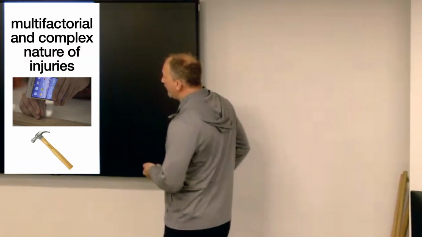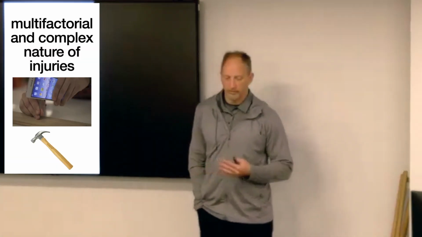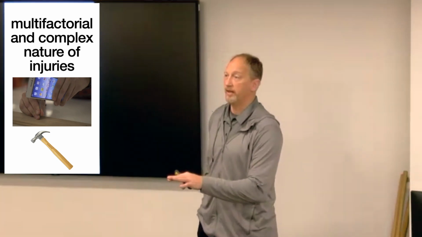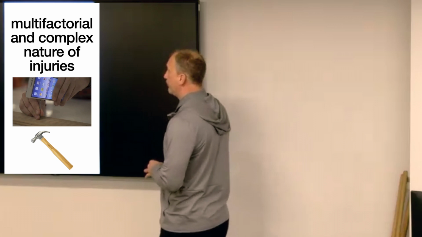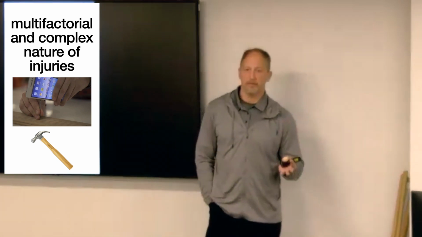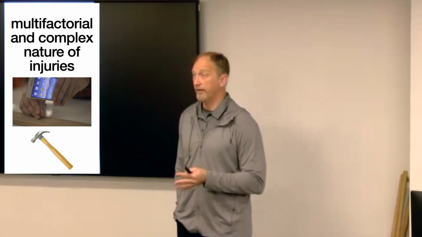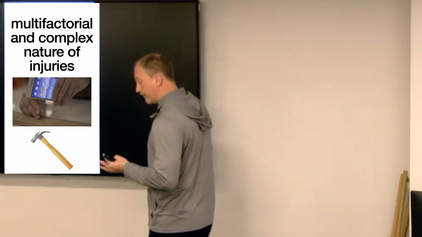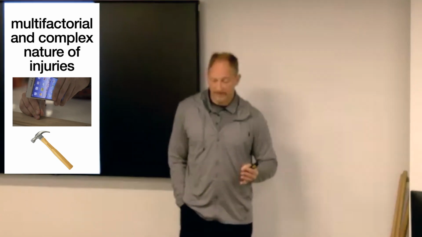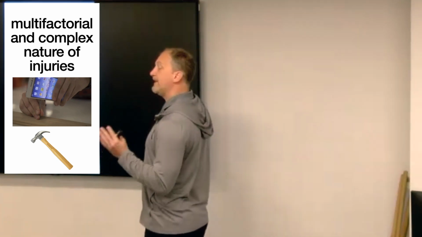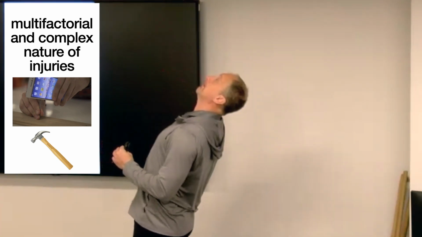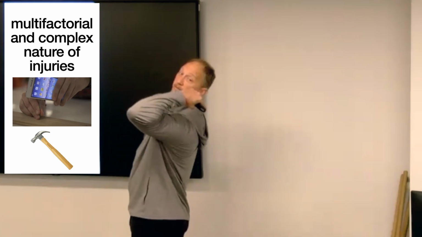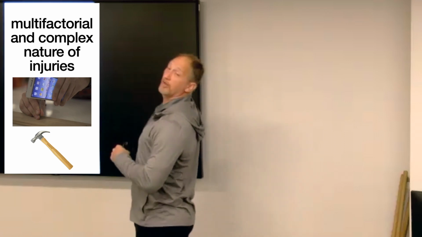Now, when we talk about injuries, one of the reasons the FMS isn't predictive, and one of the reasons we're not talking about movement profiles, the shapes of movement, as predictive, is that injuries are multifactorial in nature. They're very complex. There's a picture from a couple years ago of a Texas football player who got tackled and his face was in the ground, like cervical hyperextension.